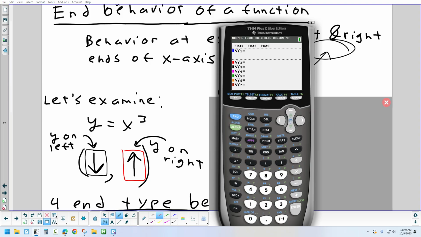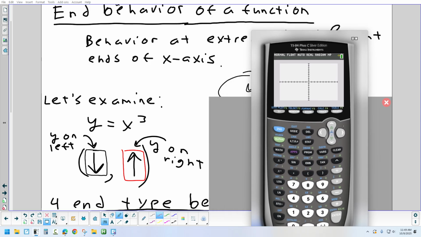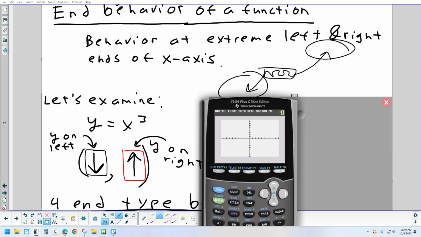It would look like this. That graph matches those arrows. On the left side of the function, look at what's happening to the y value. It goes down. On the right side of the function, look what happens to the y value. It's going up. So that is how you would describe that picture right there.